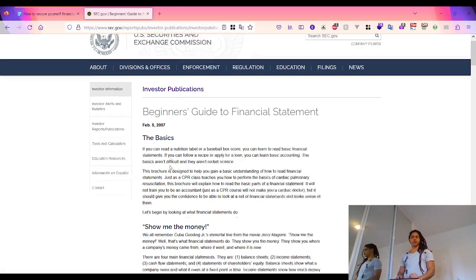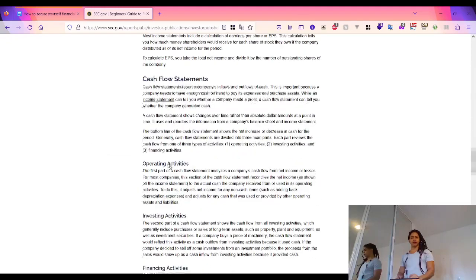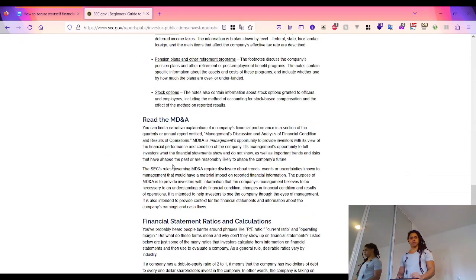And here, just to make a quick recap of the cash flow statement: a report that shows the company's inflow and outflow of cash. It's very important because a company needs to have cash on hand to pay its expenses or purchase assets.